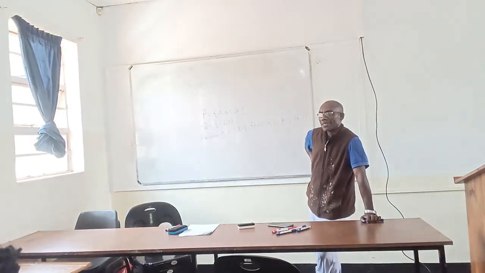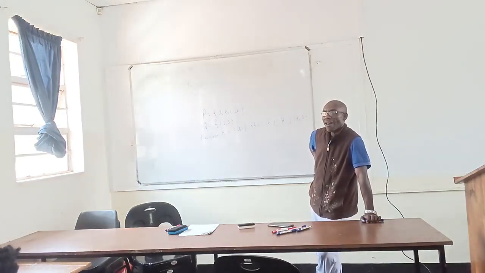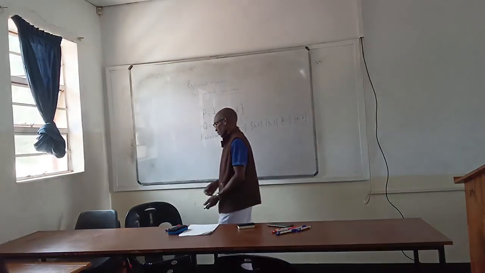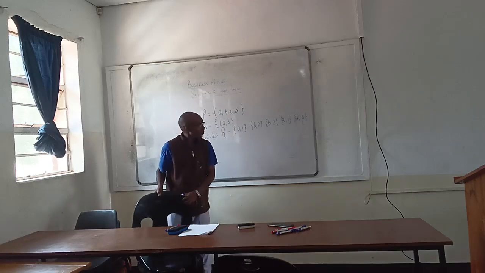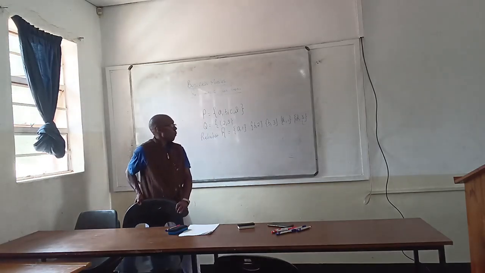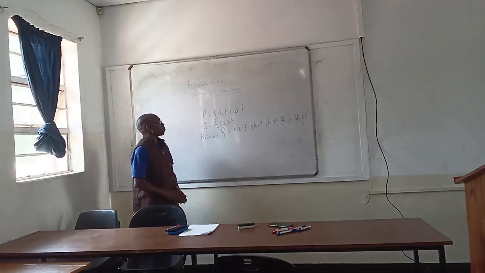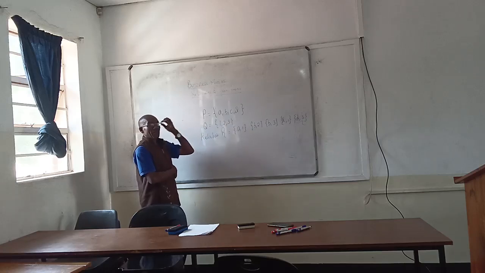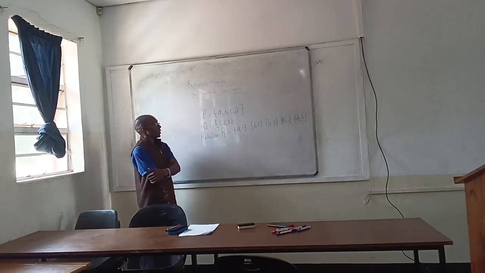Do you get what is happening there? How many elements are in set P? There are 4 elements. How many elements are in set Q? 3 elements. Then we want to relate.